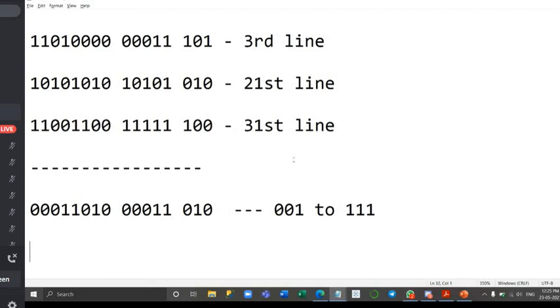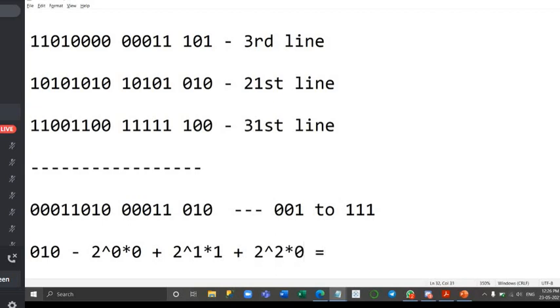Yeah. And whenever we are converting this to line, then it is decimal only, no? Yes. Since this is binary, if you are converting 0 1 0 into decimal, you will be doing 2 to the power of 0 multiplied by 0, plus 2 to the power of 1 multiplied by 1, plus 2 to the power of 2 multiplied by 0.